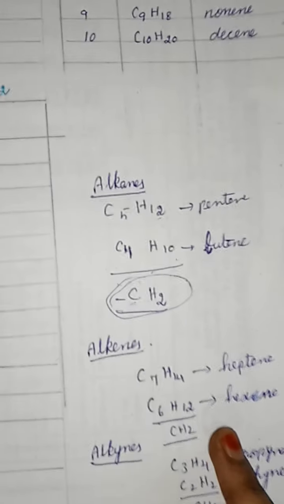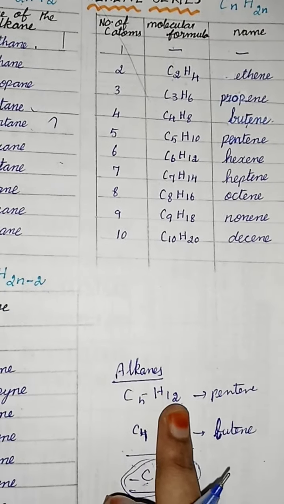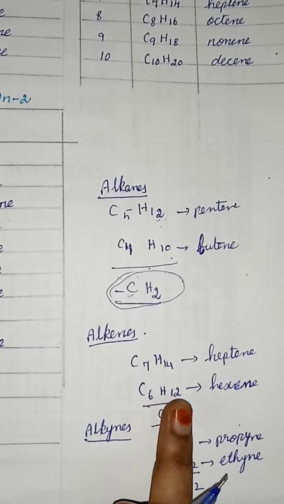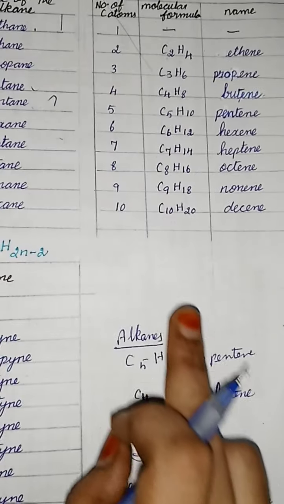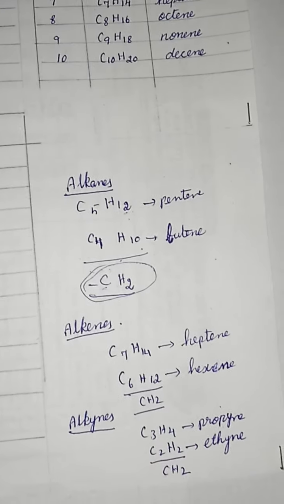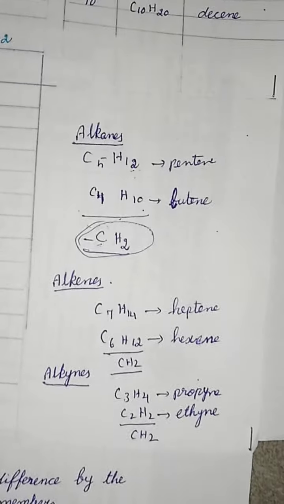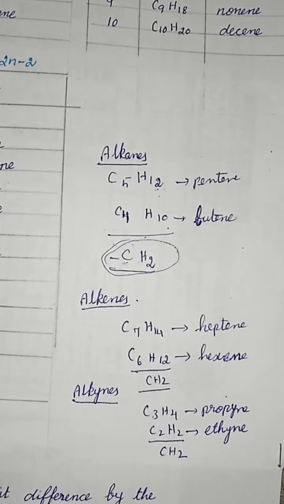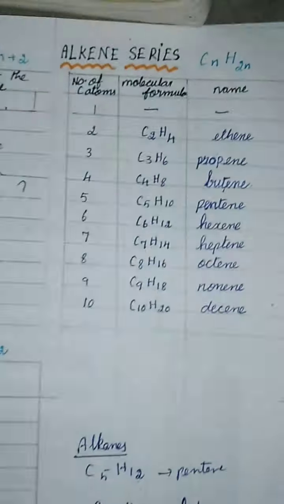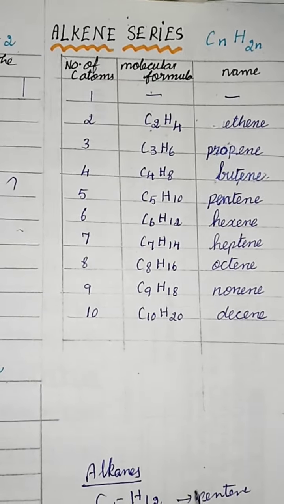In hexene, what is the molecular formula? C6H12. And heptene, what is the molecular formula? C7H14. What is the difference between heptene and hexene? A CH2 group differs. So like the alkanes, the alkene series also differs by only a CH2 group.